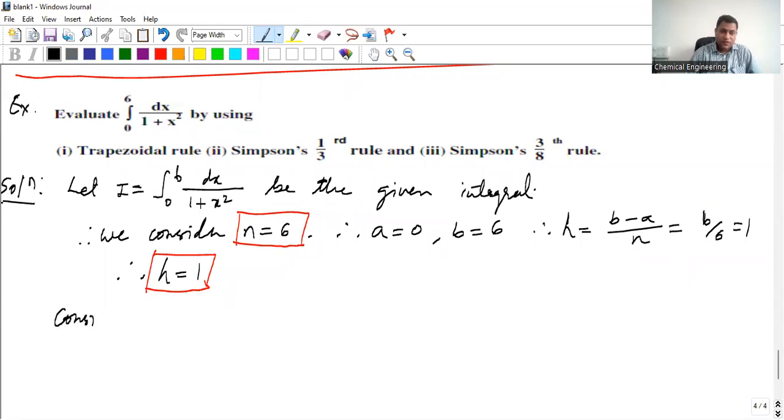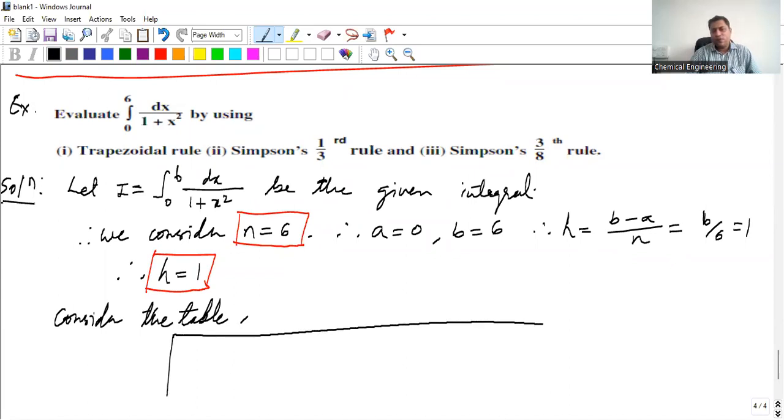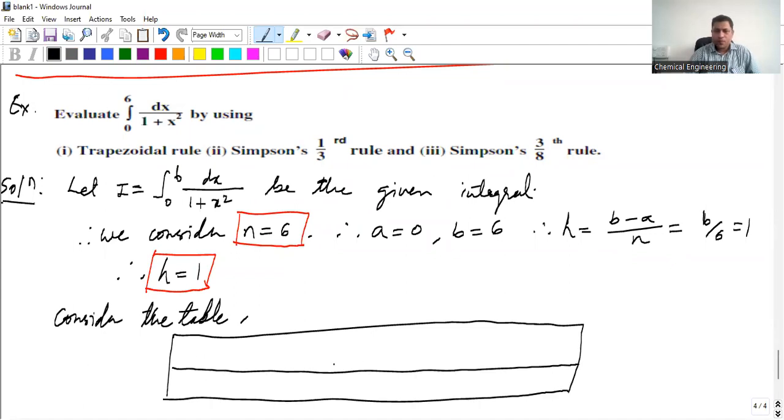So consider the table. What will the table have? It must be x and y. Yes. And what is y here? y is 1 upon 1 plus x square. This is the function that we have to consider.